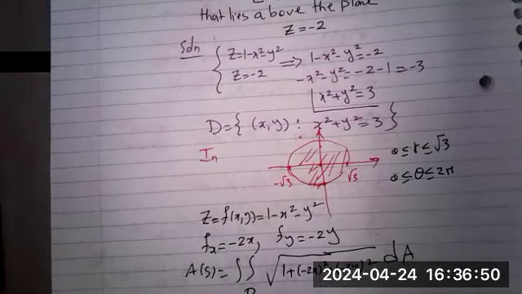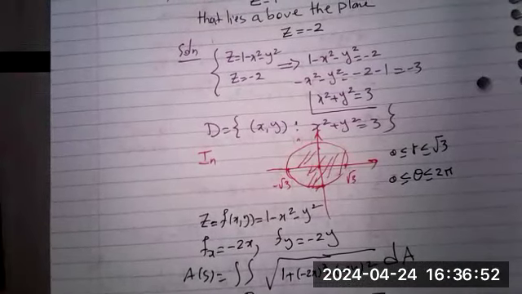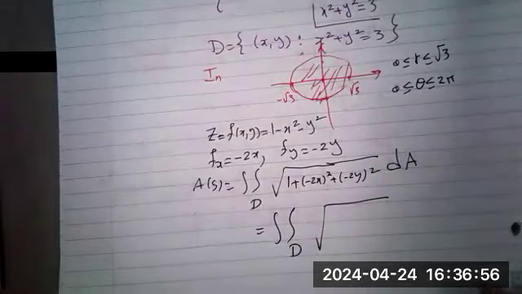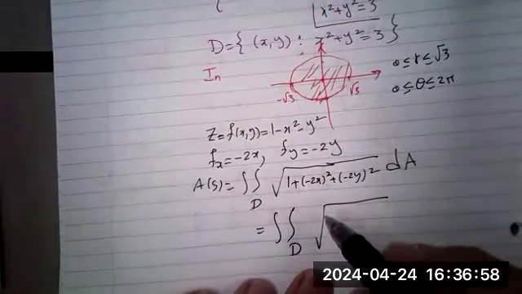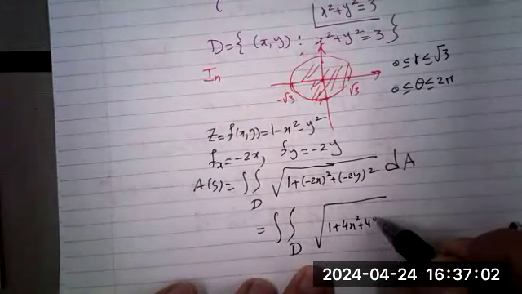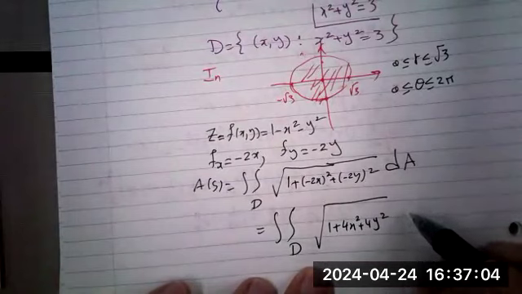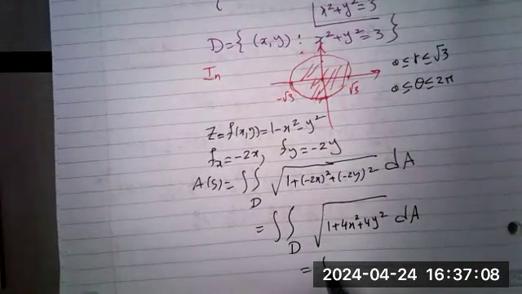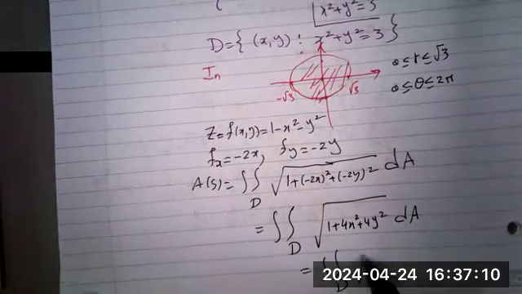So it's a double integral of the square root of 1 plus 4x squared plus 4y squared, and the dA. You better factor out the 4 because you want to change it to polar coordinates.